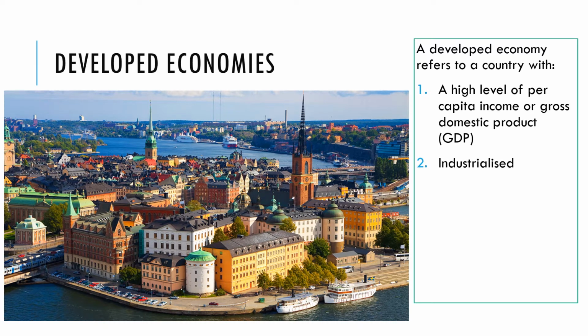We would describe these countries as being industrialized. So they have gone through a process where their economies have moved from primary sector types of products, so commodities, raw materials, and now are more based on manufacturing and more latterly services, tertiary sector, things like banking and insurance and marketing and so on.